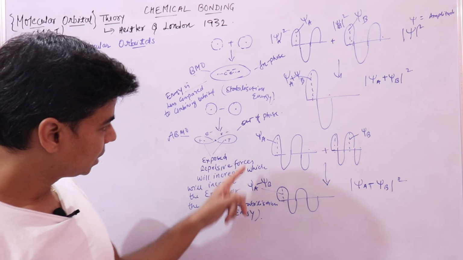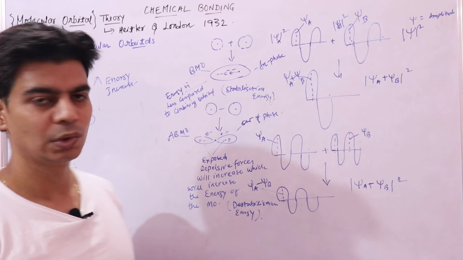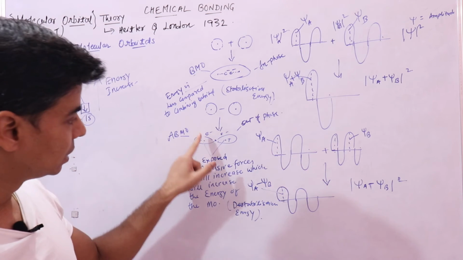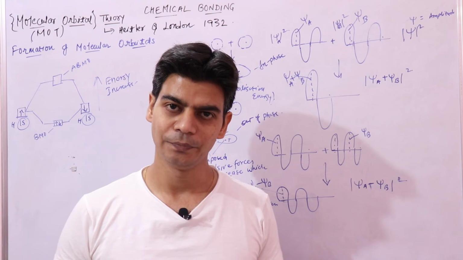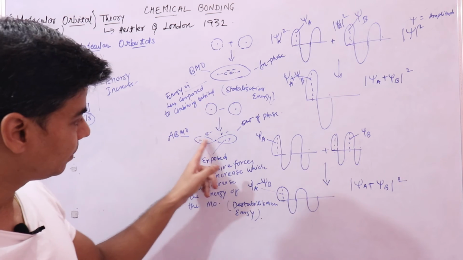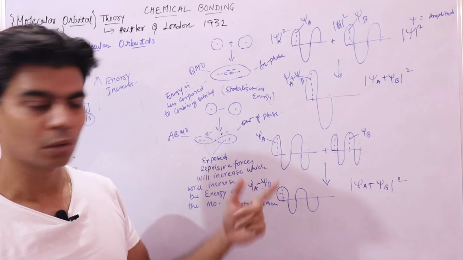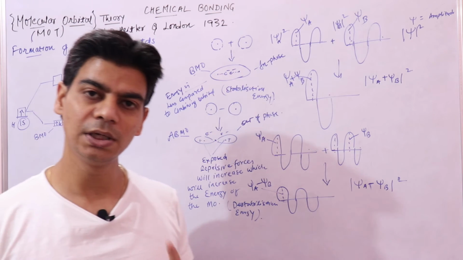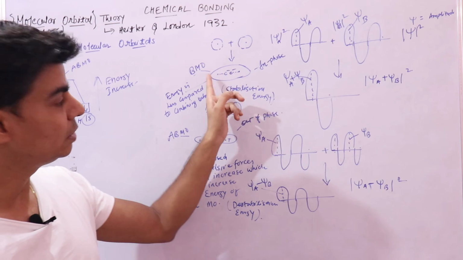Similarly, in the antibonding case, the probability of finding the electron is less in the internuclear region, which will lead to destabilization because of repulsive forces. Here, the probability of finding the electron is more between the nuclei, which will lead to stabilization due to attractive forces between electrons and the nuclei.